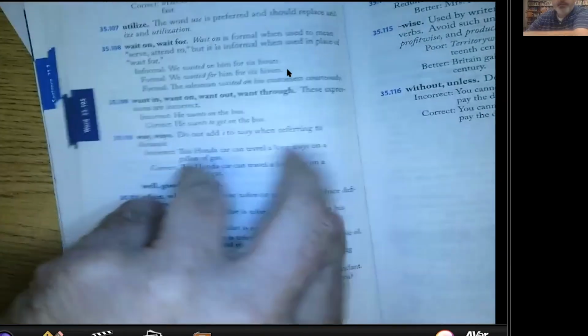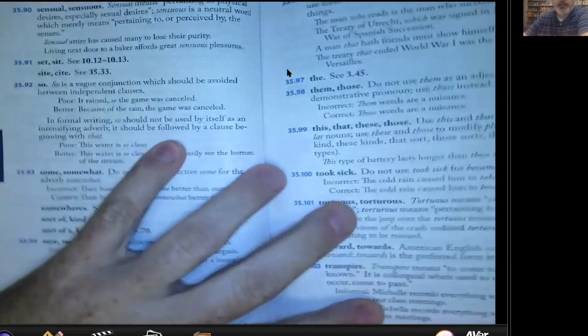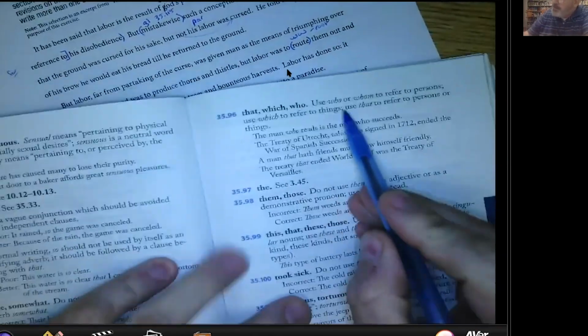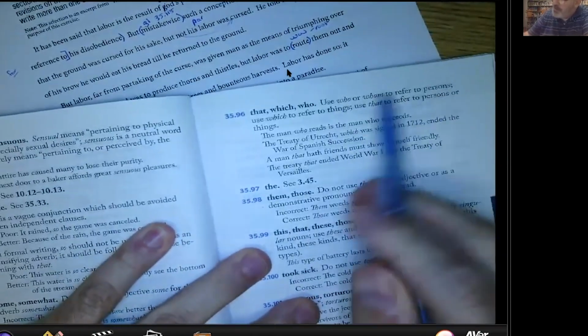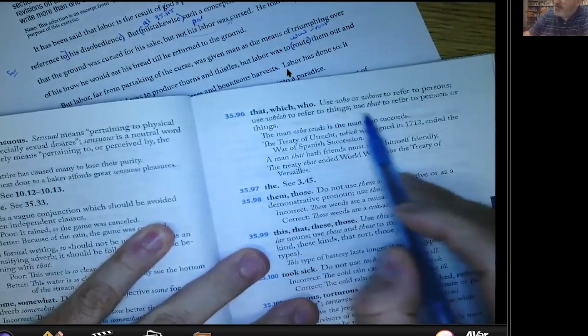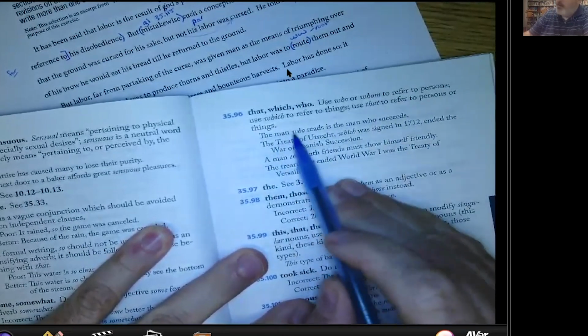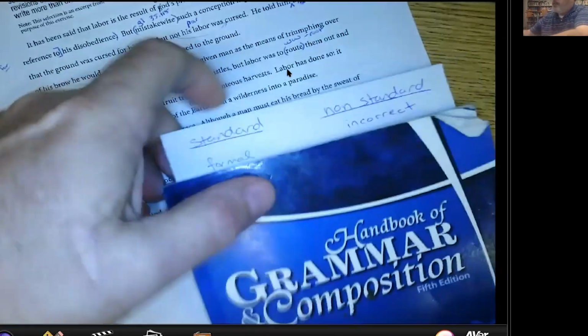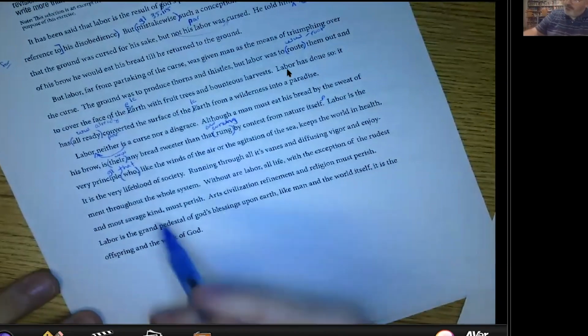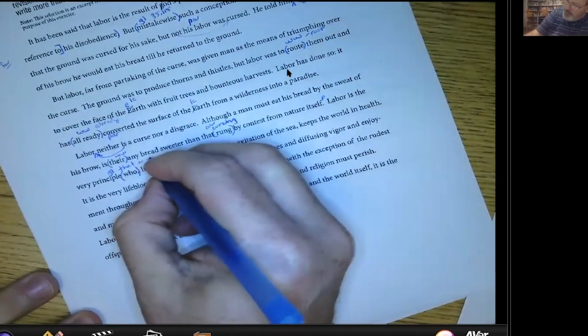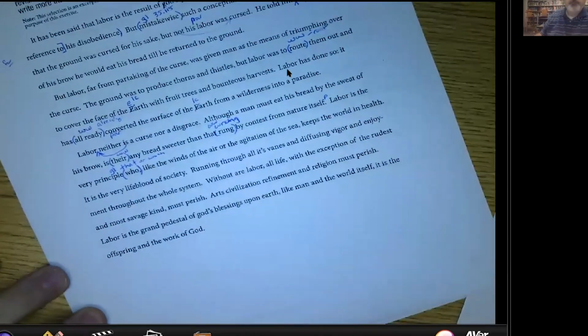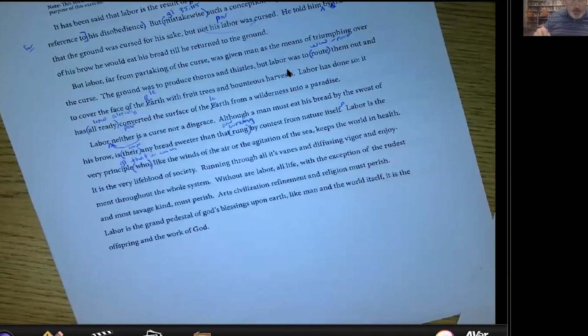So we're going to go to 3596. That, which, who. Use who or whom to refer to persons. Use which to refer to things only, and that refers to persons or things. Okay? I'm glad, that made me nervous, I'm glad I had it right. So we're going to use that, but you could have used which as well. So that or which.